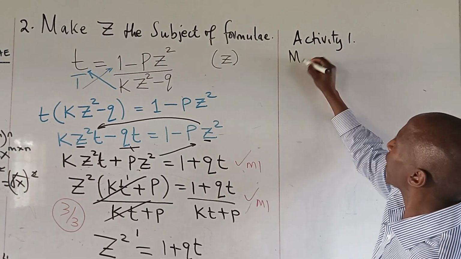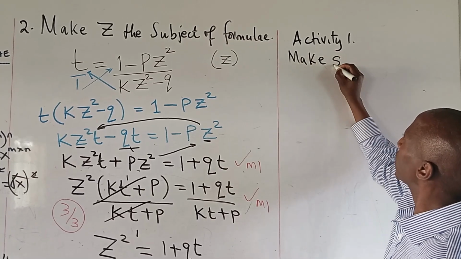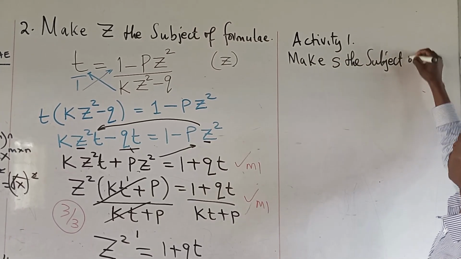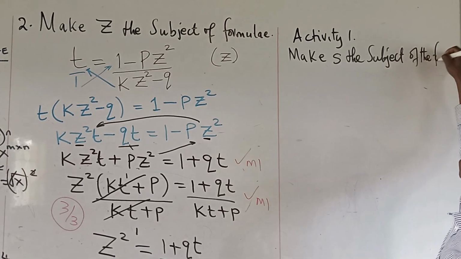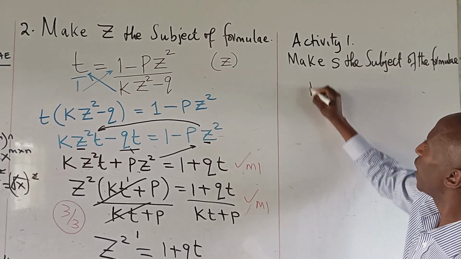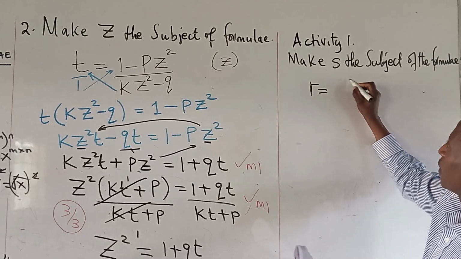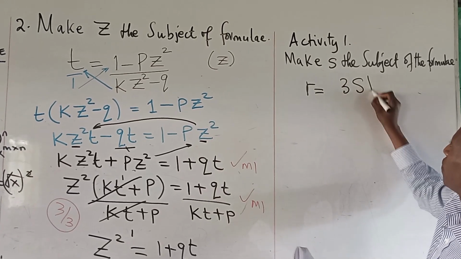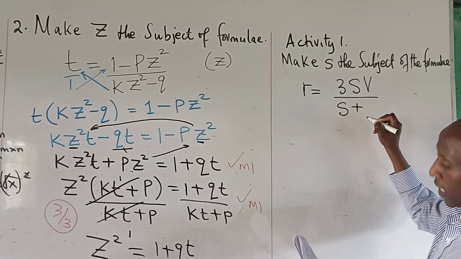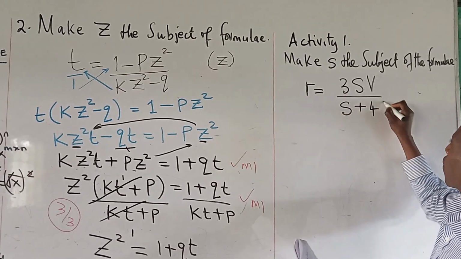We are required to make S the subject of the formula in the equation R is equal to 3SV all over S plus 4Q.